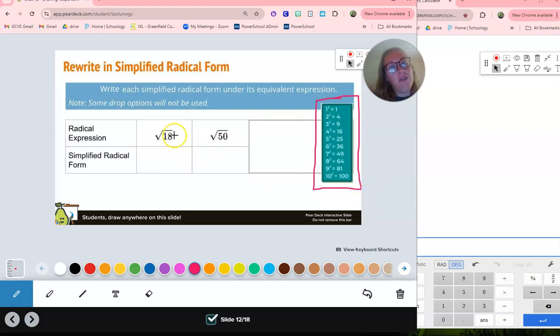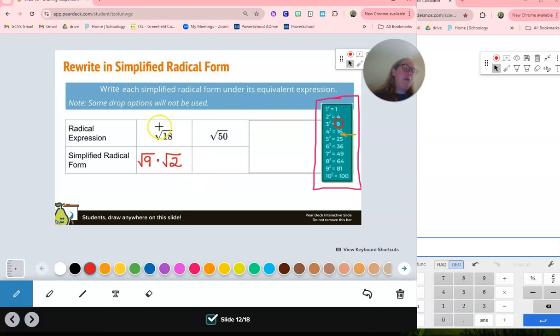I see this number 18. 18 is not a perfect square, so we look at numbers smaller than 18 that multiply to 18. That makes me look at the number 9, because I know that 18 is 9 times 2.